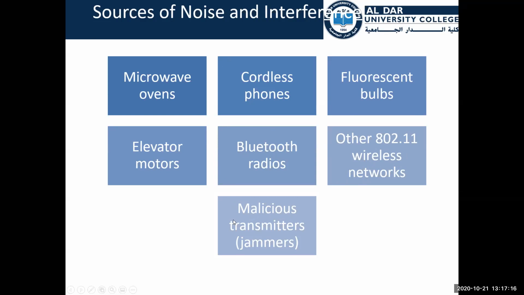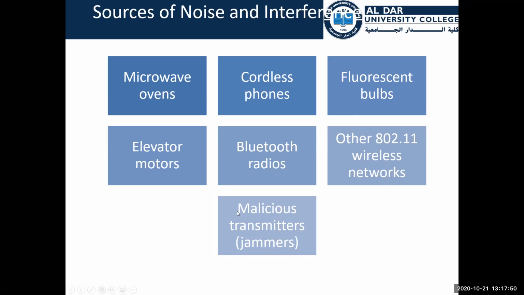And also the last one, which is the most important one, the malicious transmitters or jammers. What are the malicious transmitters here? It means a hacker with an antenna sending on the same band, on the same channel, with a very strong signal. And I told you, if there is a very strong signal in place, there is no way the other weak signals can send and receive.